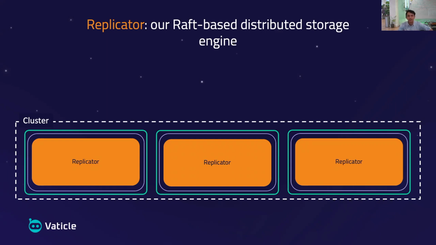The replicator engine is built on top of the Raft algorithm, and Raft is a proven and battle-tested algorithm for building safe and reliable data replication. So Raft is one of the key components.